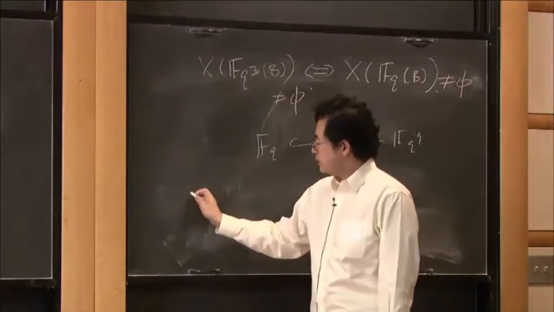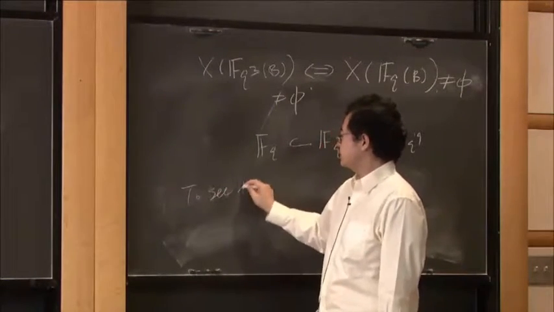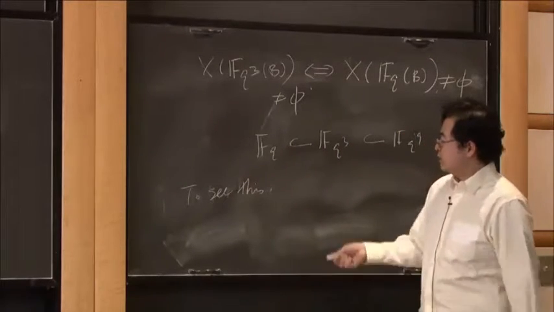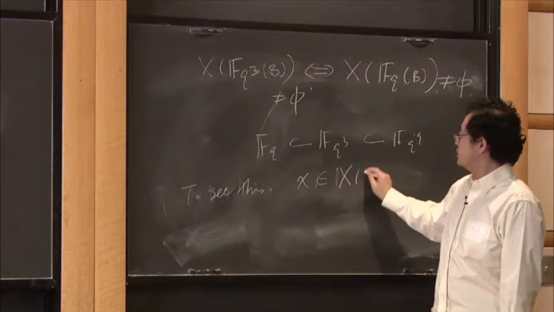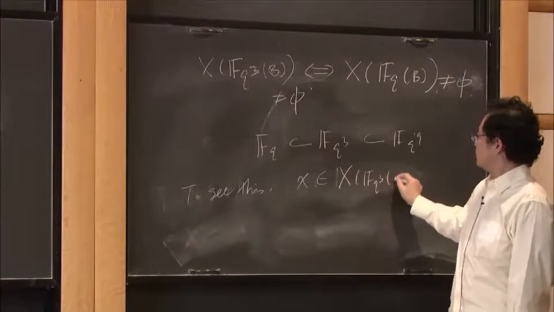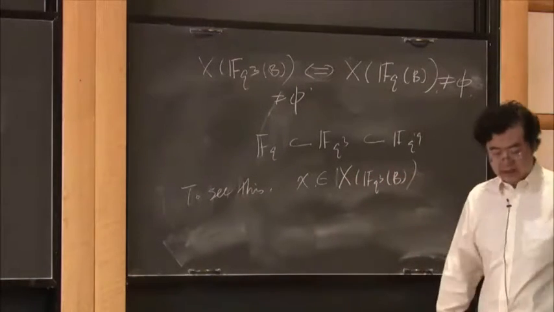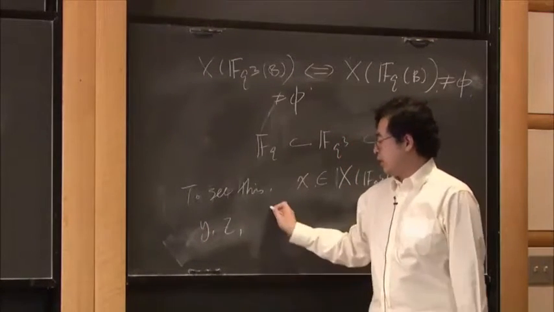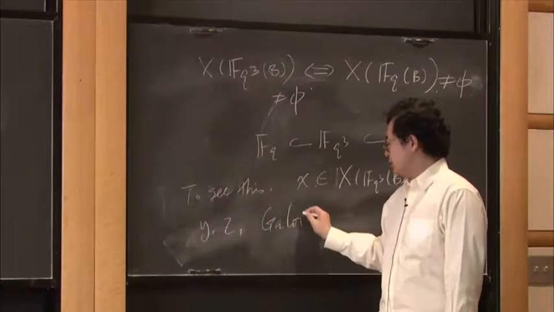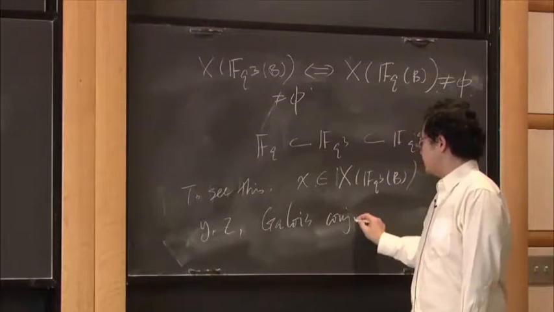Well, just to see this, what you do is you take a rational point X over this degree 3 field extension, and you take the Galois conjugate points, Y and Z.